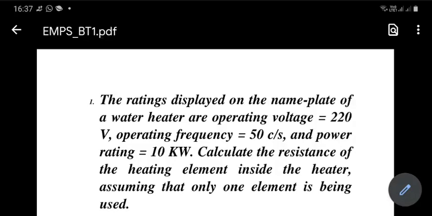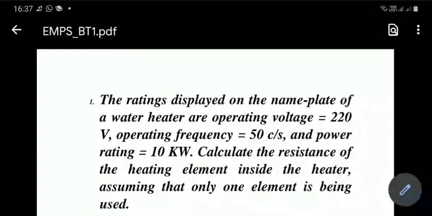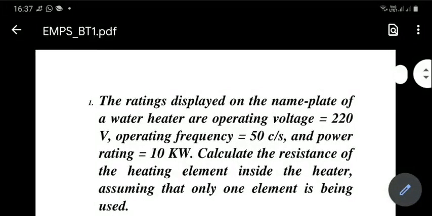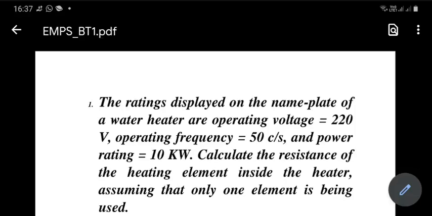A water heater is almost purely resistive load, okay? No inductance, no capacitance. So power factor is 1. That means phase difference between voltage and current is almost 0. Calculate the resistance of the heating element inside the heater, assuming that only one element is being used.